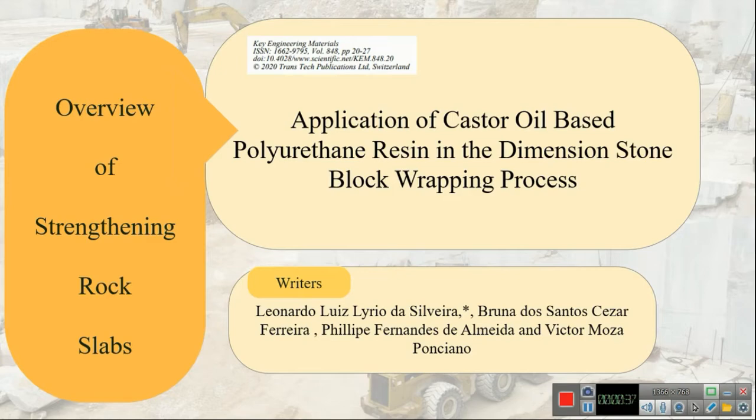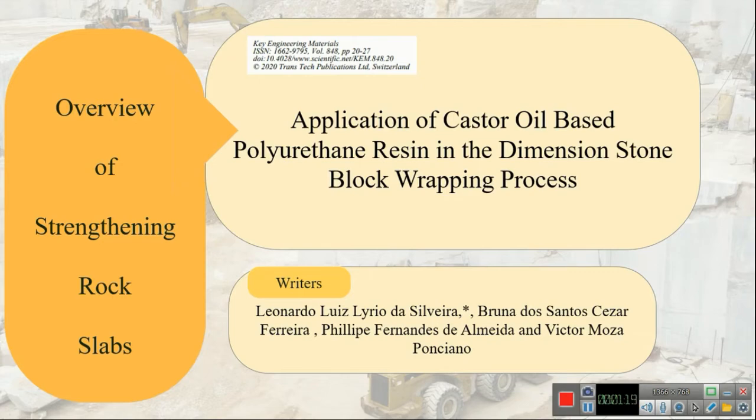The epoxy resin used in this process comes from a non-renewable resource and contains toxic substances in its composition. Therefore, in order to increase the eco-efficiency in the sector of dimensional stones, a comparison of epoxy resin with an ecological and non-toxic resin based on castor oil was carried out, aiming to know the resulting tensile strength in the contact of polymer with the stone surface. 2 types of rocks were tested, a silicate and a carbonate one.